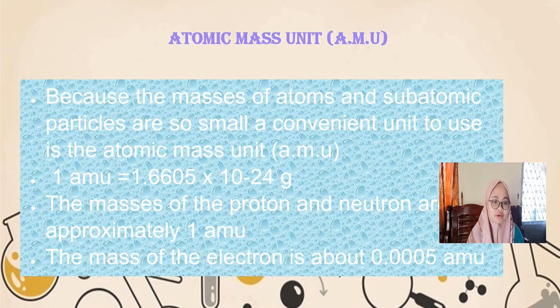The masses of the proton and neutron are approximately 1 AMU, and the mass of the electron is about 0.0005 AMU.